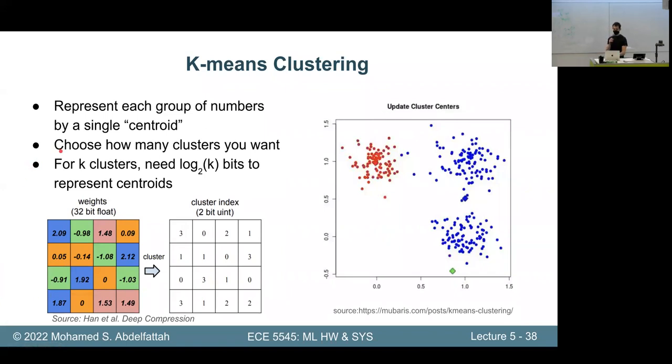If I have k clusters in this case, I need binary logarithm of k bits to represent those centroids. So let's say I have 8 clusters, then I would need log2 8, so 3 bits, to represent these cluster indices. The number of bits to represent my weights now goes down from FP32 all the way down to 3 bits.